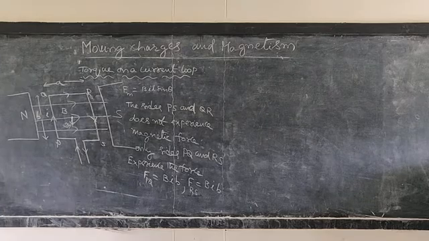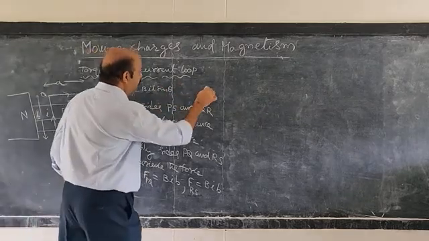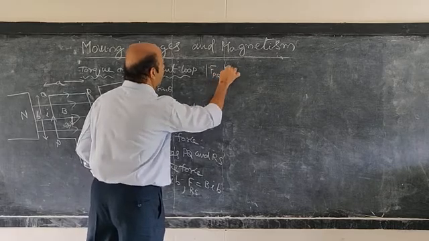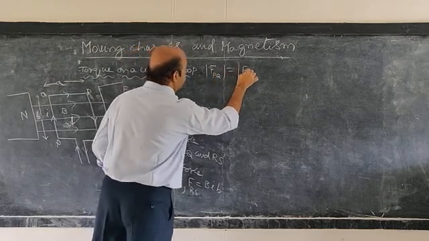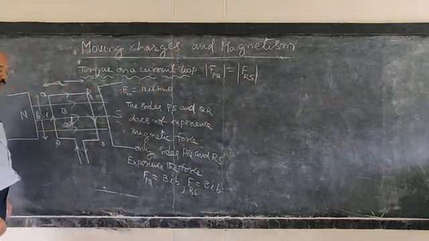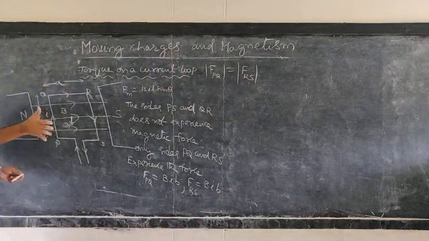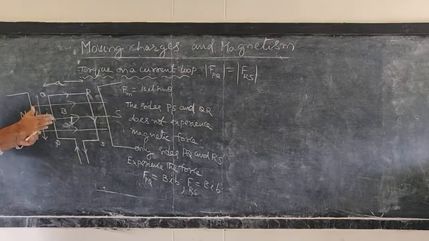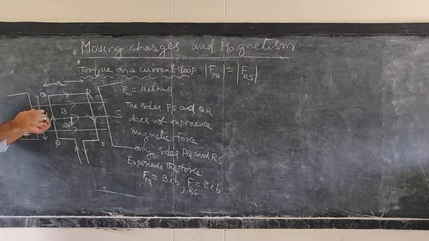But see the direction: the magnitude of the force on PQ and RS is the same, but their directions are different. According to our right hand palm rule, this is the conventional current direction, this is the direction of the magnetic field, draw the normal.